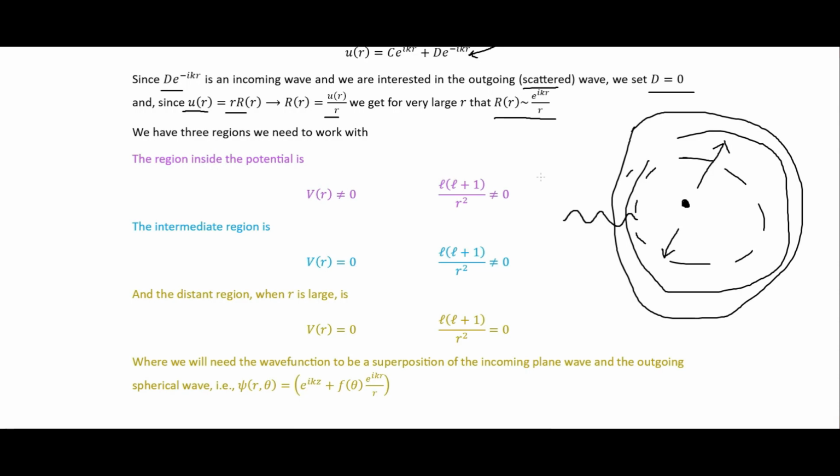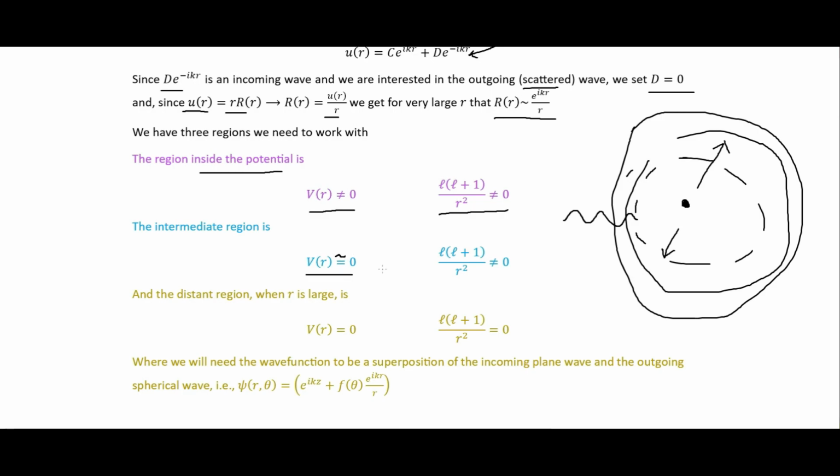So we have to think about the region inside the potential, where the potential is not equal to 0, and therefore the centrifugal term will also not be equal to 0. There will be an intermediate region where the potential should be roughly equal to 0.